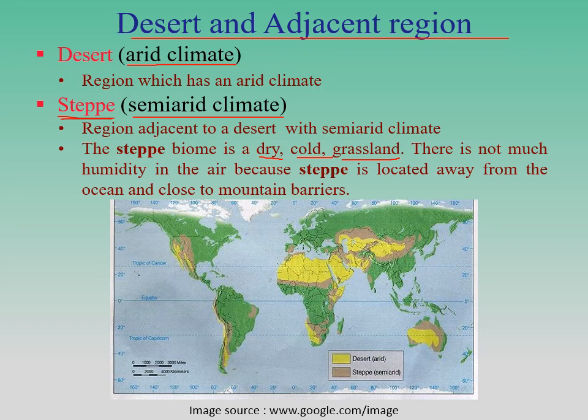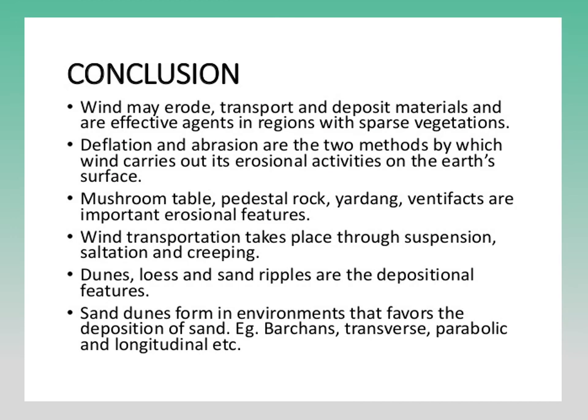Now, in conclusion to the Aeolian processes and landforms, we can say that wind may erode, transport, and deposit materials, and it is one of the effective agents, particularly in regions with sparse vegetation. Deflation and abrasion are the two methods by which wind carries out most of the erosional activities along the Earth's surface.